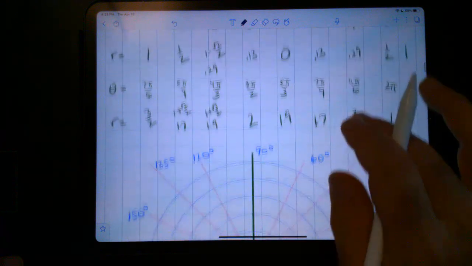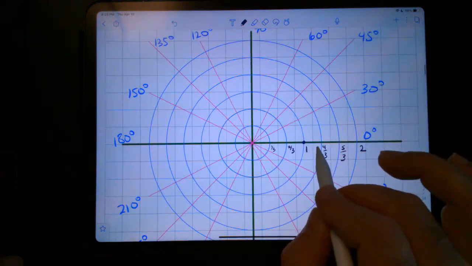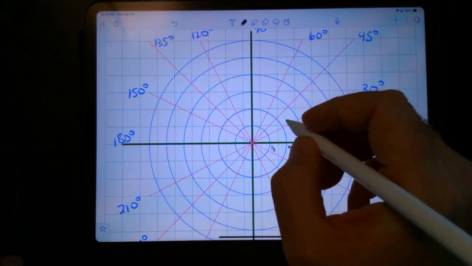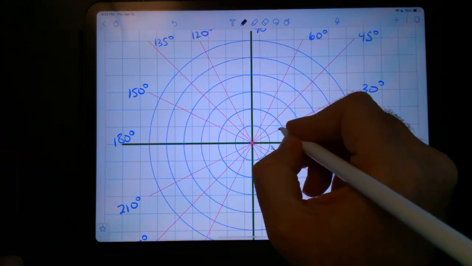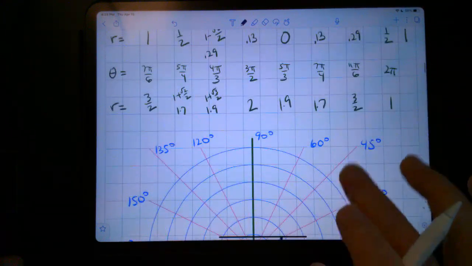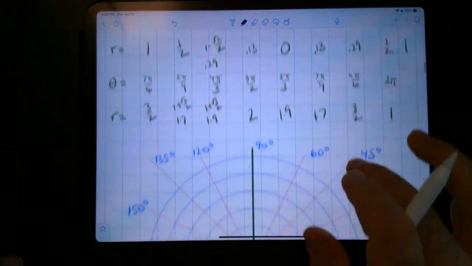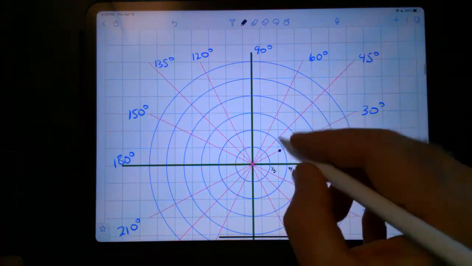When theta is pi over 6, r is 1/2. When theta is pi over 4, r is 0.29.